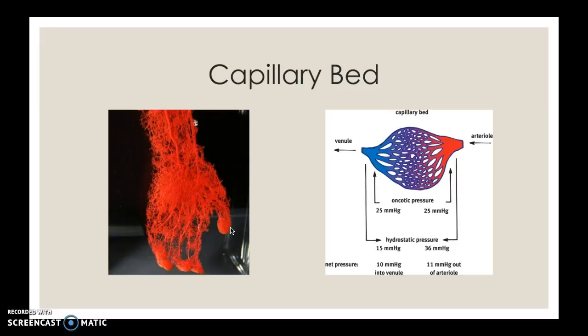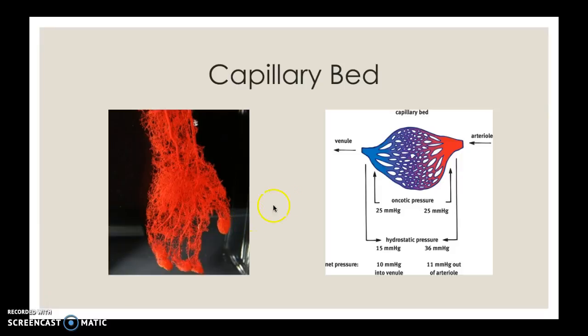And the walls of the capillaries are pretty thin. So you can imagine water, fluid leaking out with all the good stuff dissolved in it, the nutrients and oxygen and electrolytes, leaking out into the interstitial space, which is gel-like, and bathing the cells, and the cells take what they need.